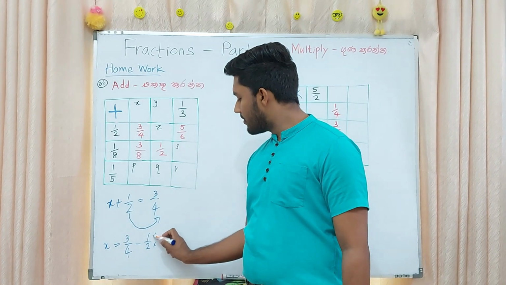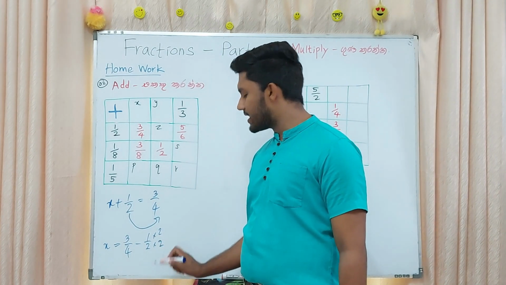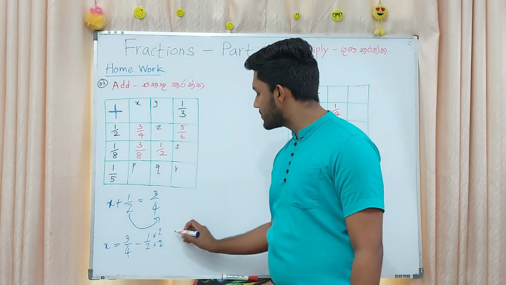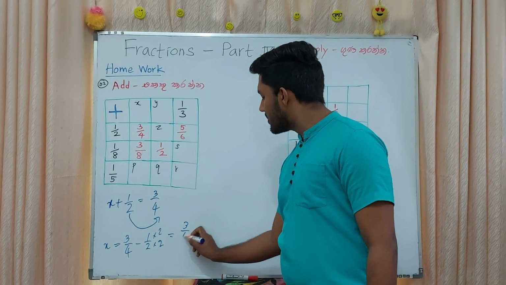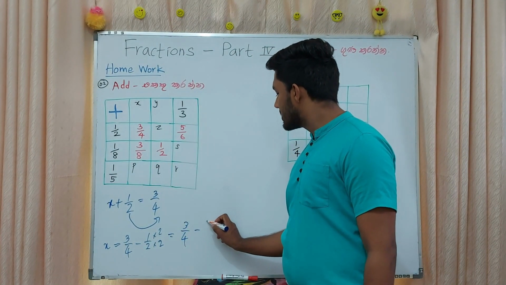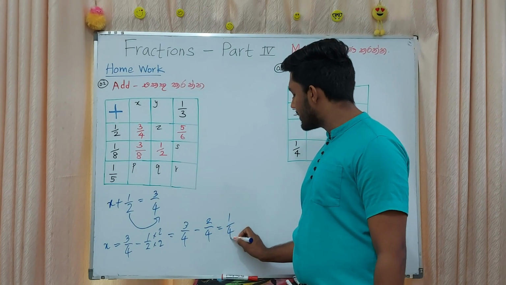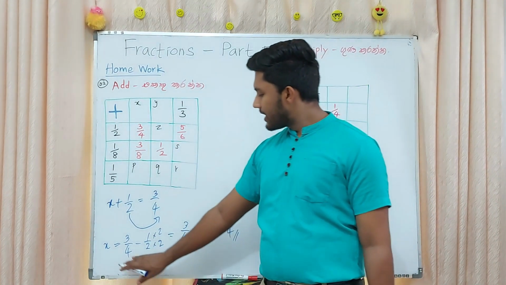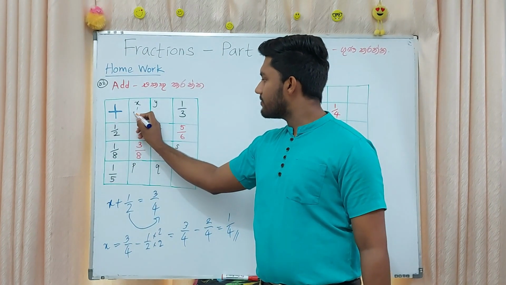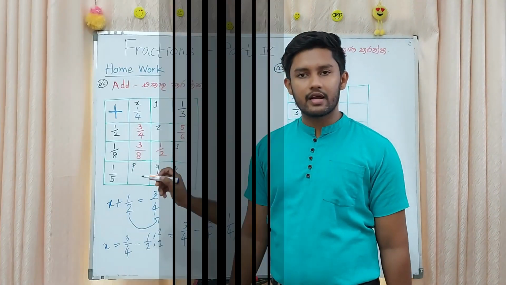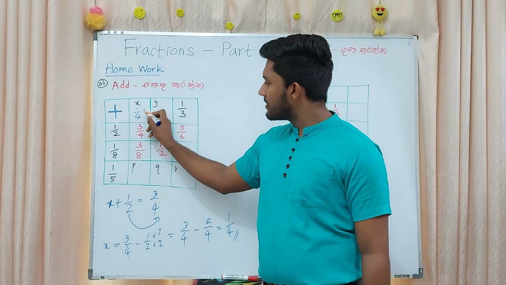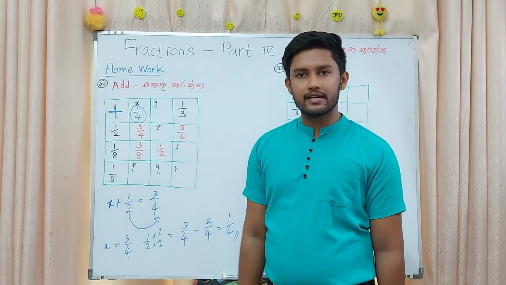Then here both the denominator and numerator we can multiply by 2 and get 3 over 4 minus 2 over 4. 1 over 4 is the answer for x. Then 1 over 4 is the answer for this empty space.